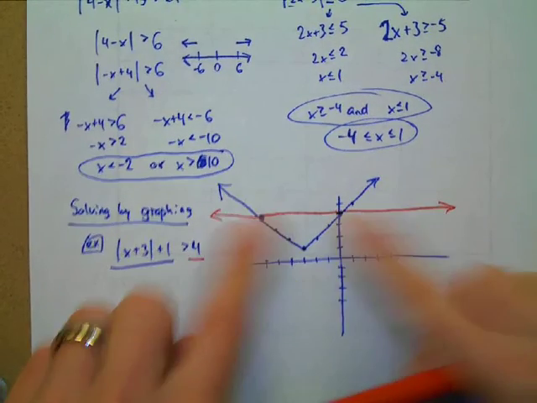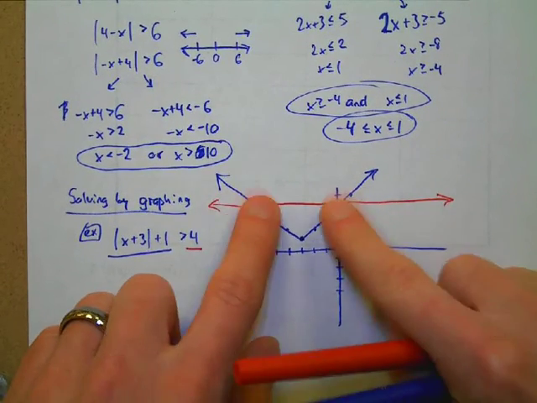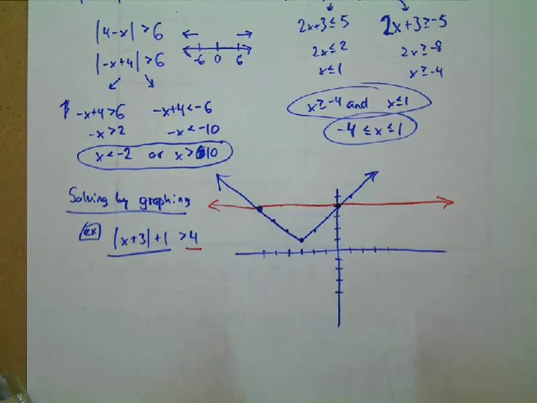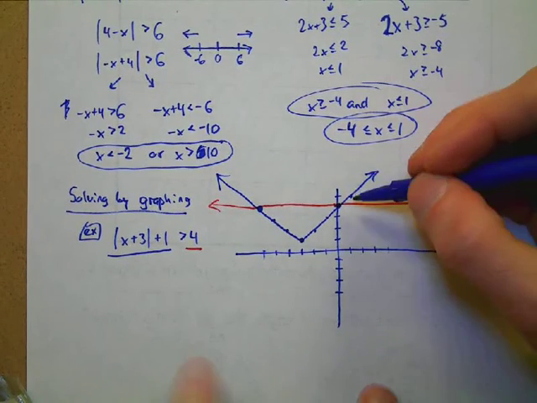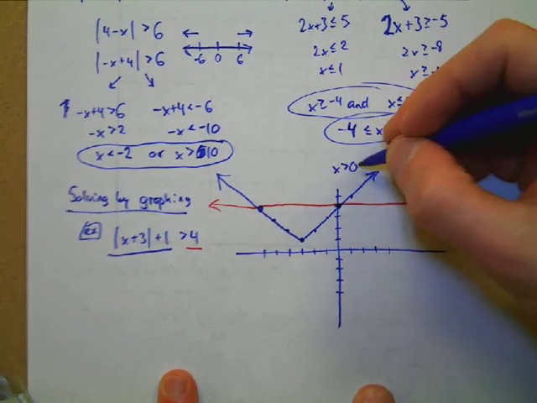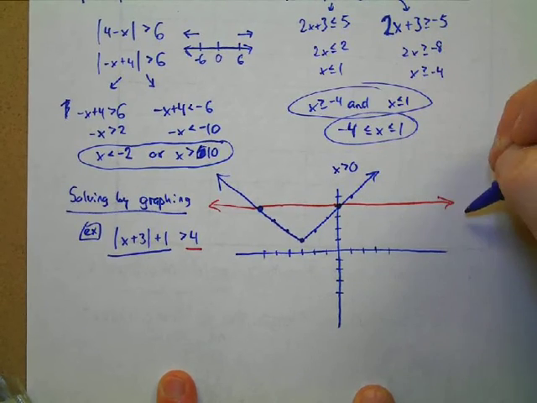We want to know when this is greater than this. So it's for the intervals of x values where the blue part is bigger than the red part. For example, for x values greater than 0, the blue part will be above the red part. The absolute value will be above 4.